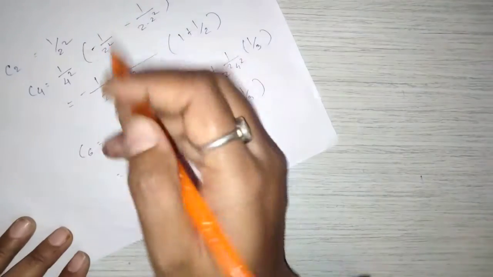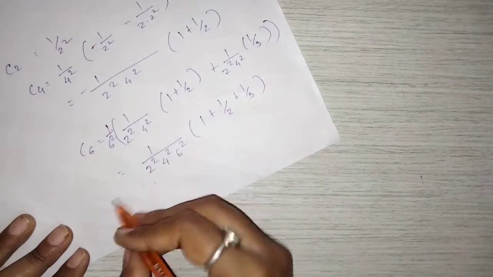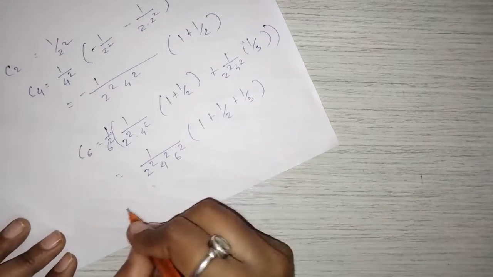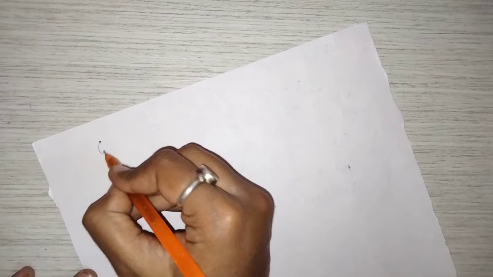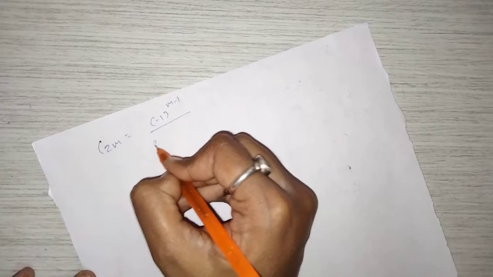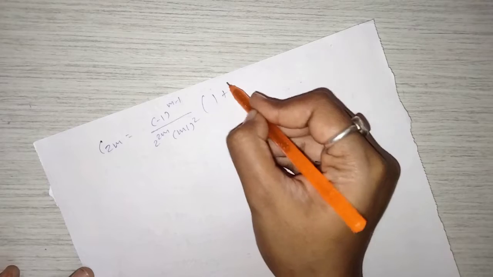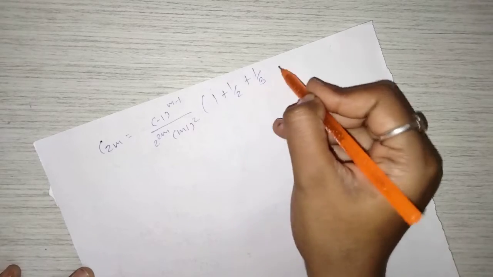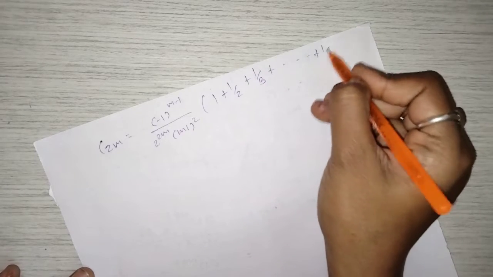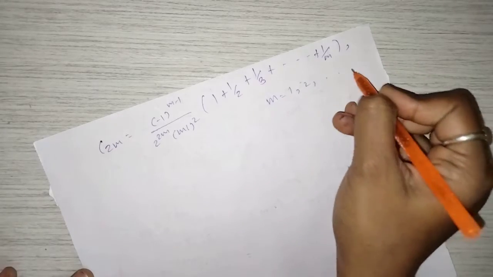Here 1 upon 6 square is common, and so on. And it can be shown by induction that c2m equal to minus 1 raised to m minus 1 upon 2 raised to 2m m factorial bracket square into 1 plus 1 half plus 1 upon 3 plus and so on plus 1 upon m, m starting from 1, 2 and so on.